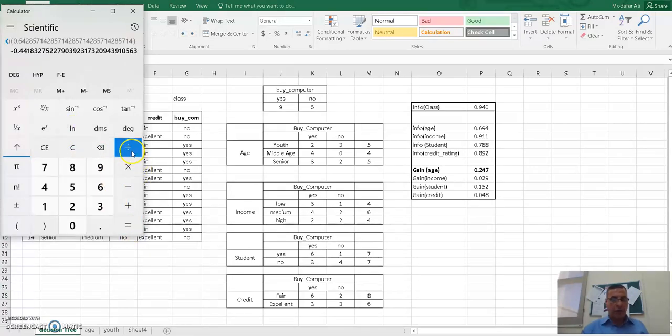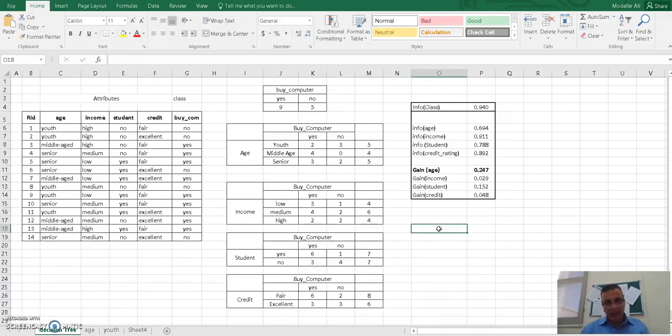We know ln of 2 was 0.693, so I divide by 0.693, and that gives me this. Then put it here.